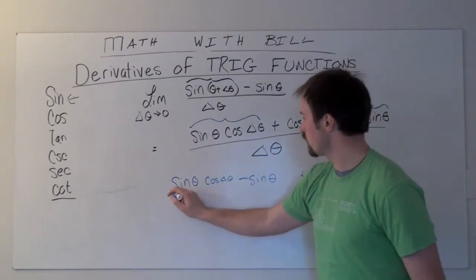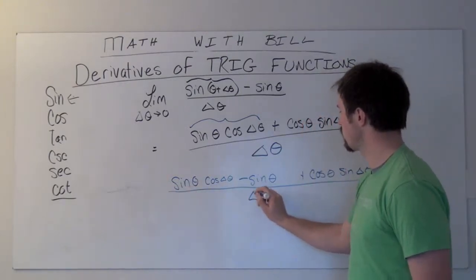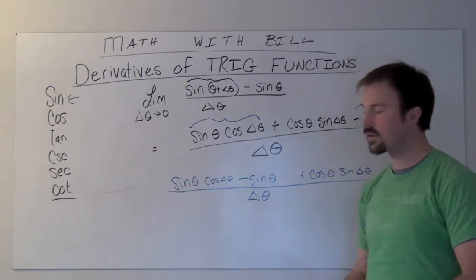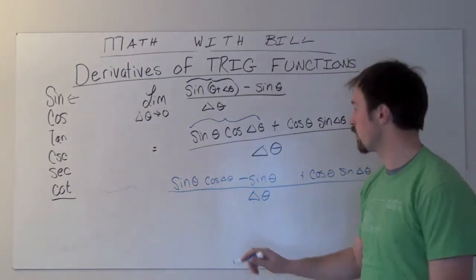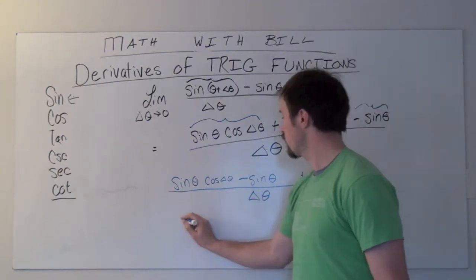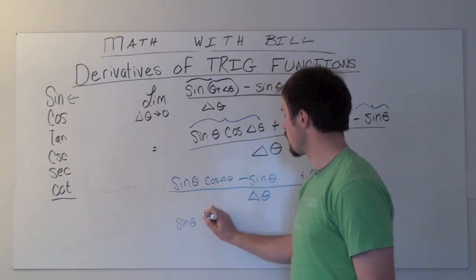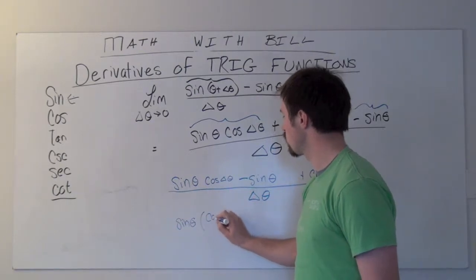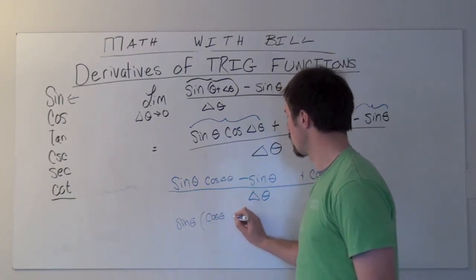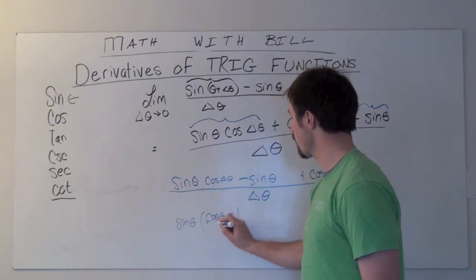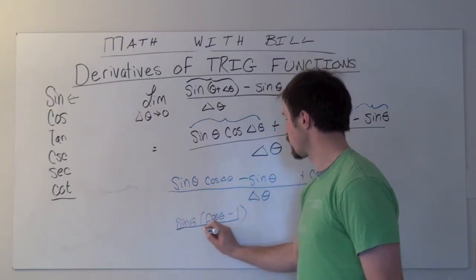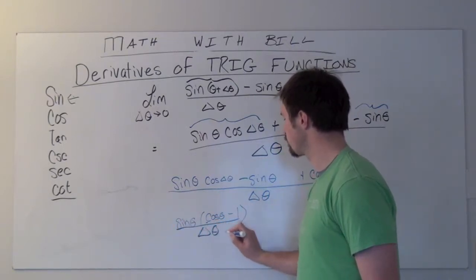Now we can factor out our common term. So we get a common term of sine theta times the quantity cosine delta theta minus 1, all divided by delta theta.